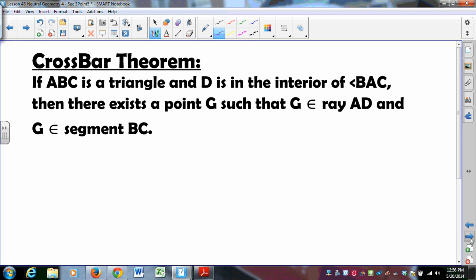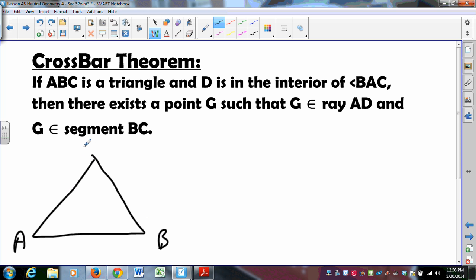It's called the crossbar theorem for reasons that will become obvious. I have some triangle ABC, and I have some point D that's in the interior of angle BAC, not necessarily in the interior of the triangle, but in the interior of the angle. The theorem works the same.